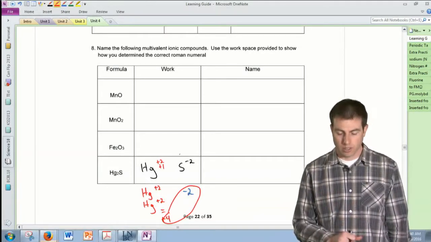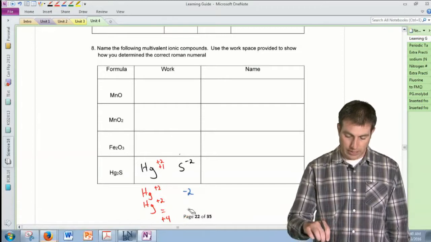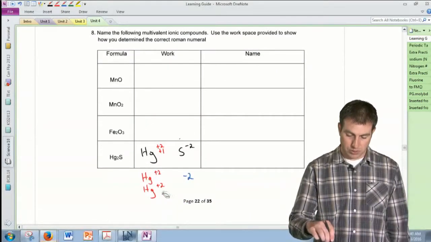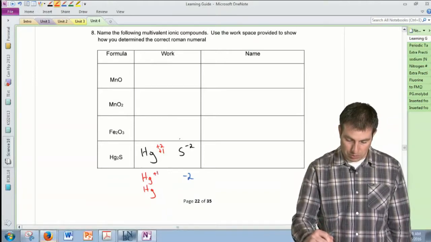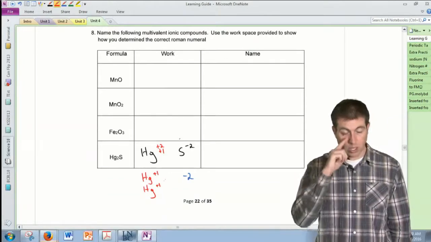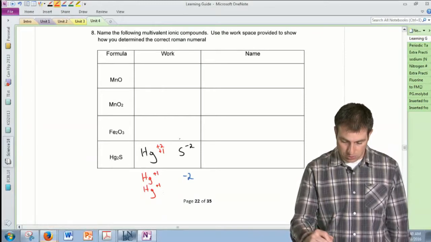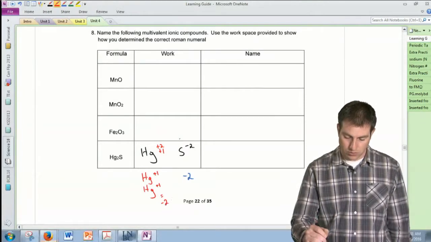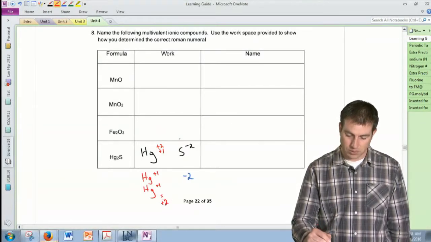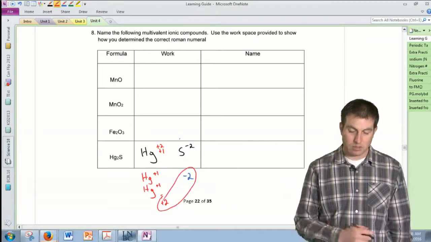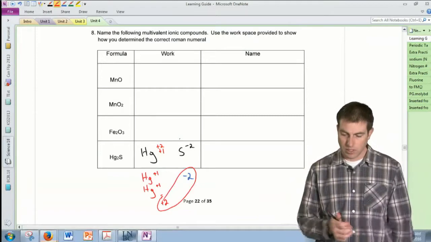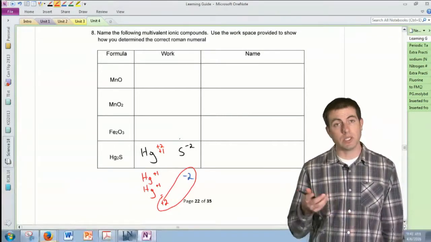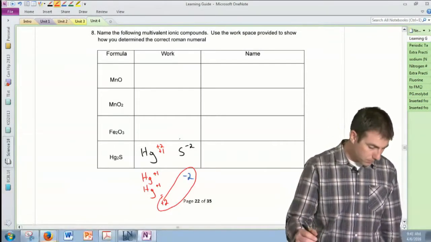It just doesn't work. So that eliminates +2 as a possibility, but let's make sure. If I had mercury with +1 and mercury with +1, together those add up to +2, and I have equal charges, +2, -2, they balance out. So when I name this thing, I know I'm dealing with mercury with a charge of 1.